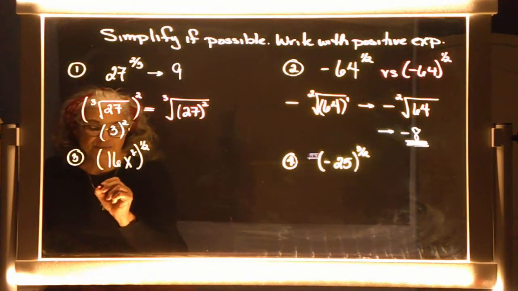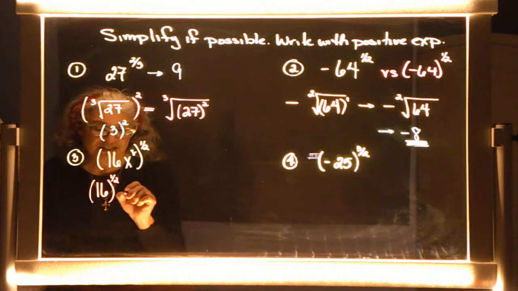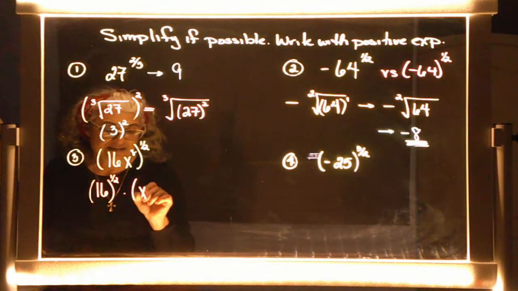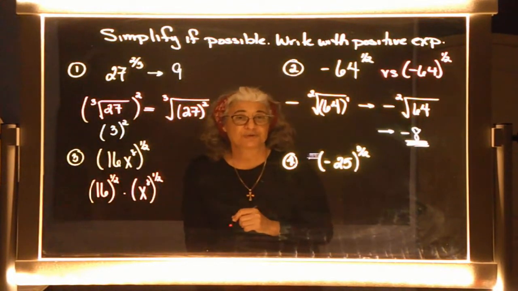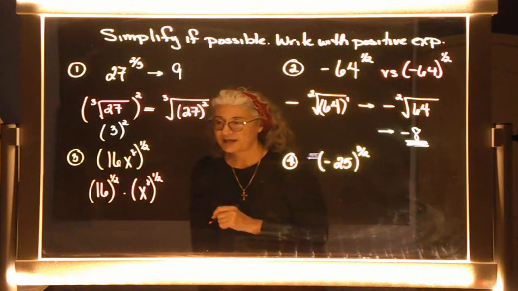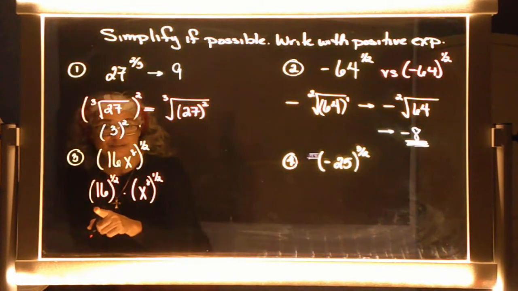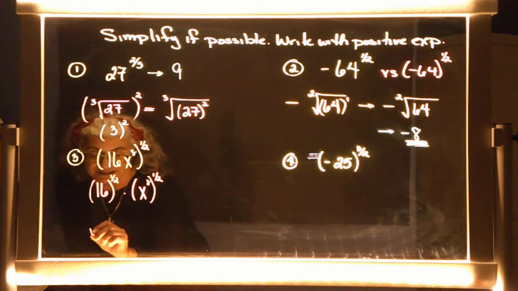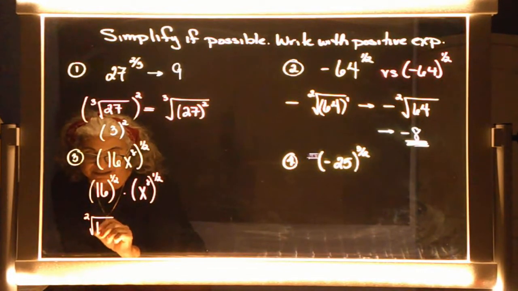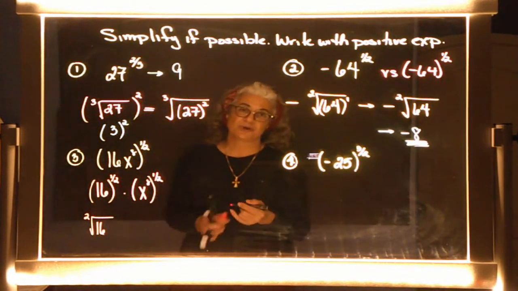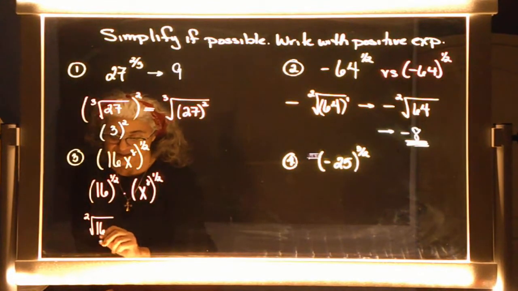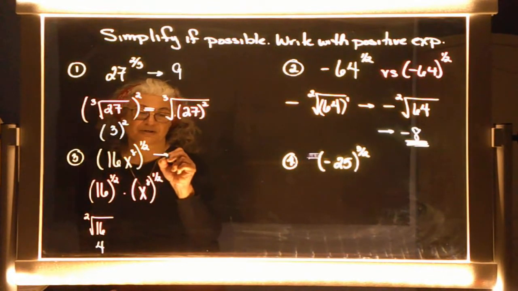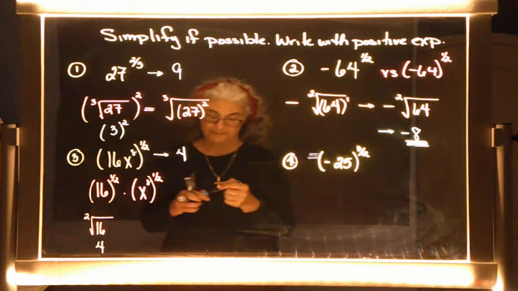You could have actually split this up as 16 to the 1/2 power times x to the 8th, which is also to the 1/2 power. Are you with me? Okay. What does this mean then? Yep, that is a square root, isn't it, of 16, which we know is what? Yeah, that's a 4. So this being a 4, I already know part of my answer here is 4.